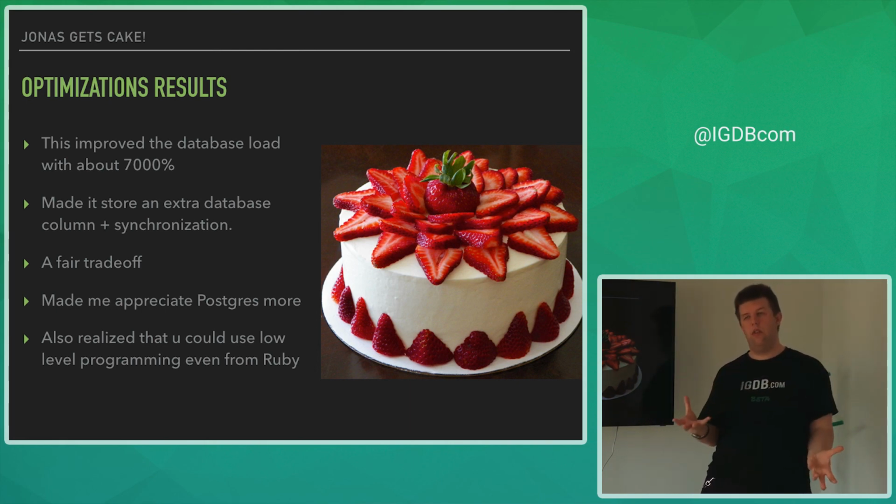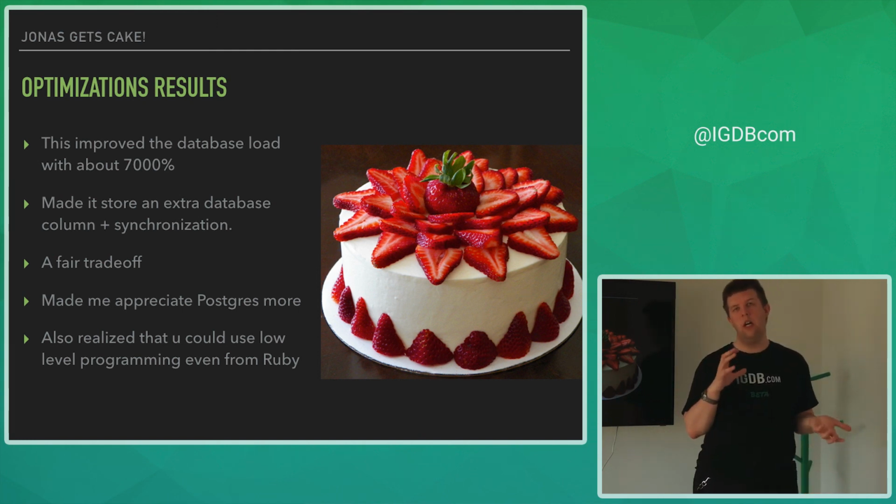But I think that was a fair trade-off, because the improvement was massive, and it also made me appreciate Postgres a lot more, and made me realize that you could do a bit of low-level programming inside Ruby, because Ruby itself is an extremely high-level language.